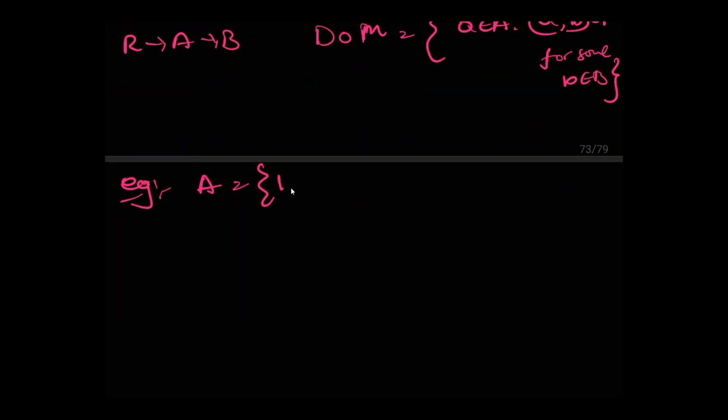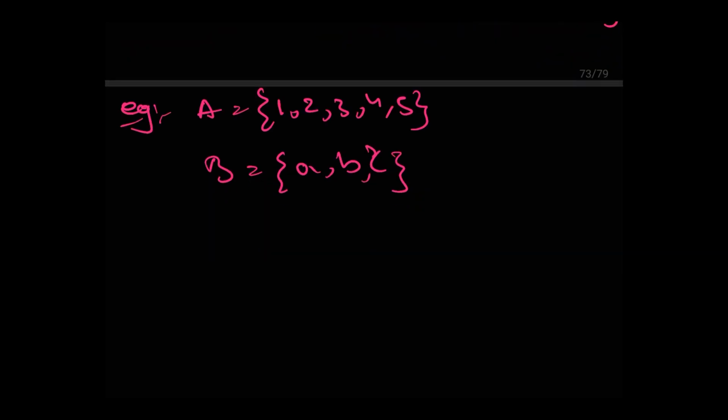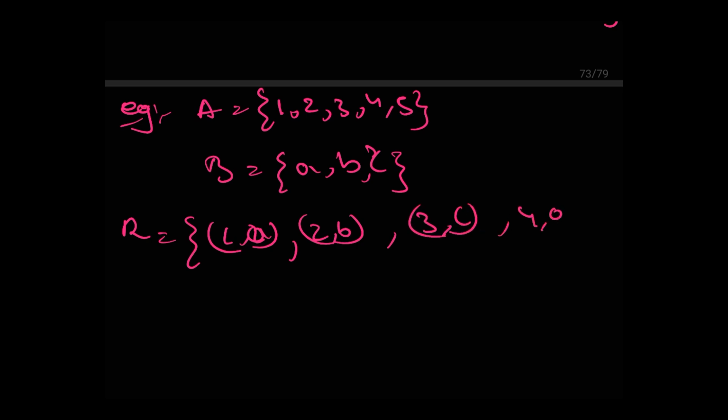For example, let us take A as {1, 2, 3, 4, 5}, B as {a, b, c}. And let us take a relation {(1, a), (2, b), (3, c), (4, a), (3, b)}.